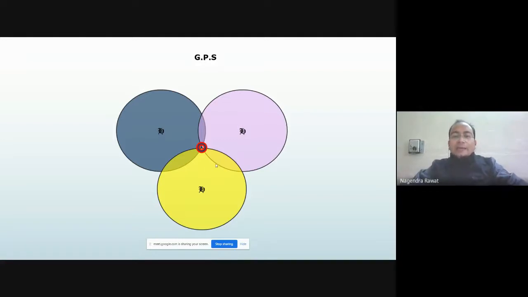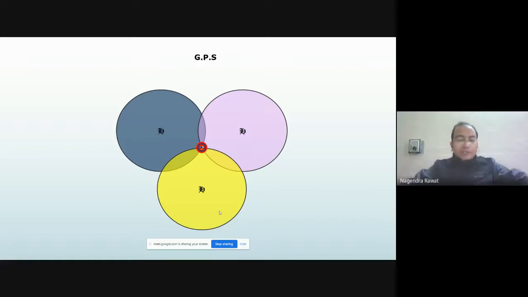After getting the data from your GPS, what do archaeologists do with it? GPS data is nothing but some dots, some numbers.